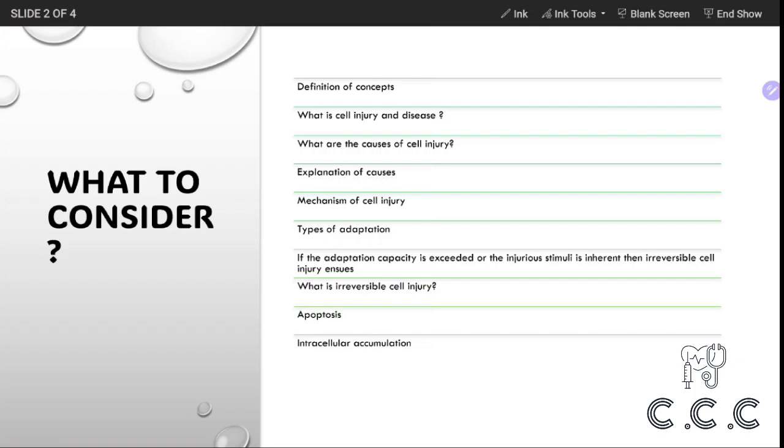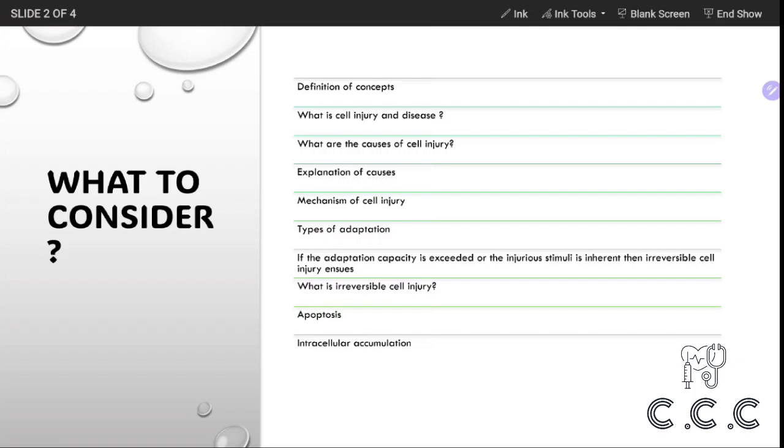We're also going to look at the mechanism of cell injury. So how does it occur? Yes, we know that there are causes, but then how do these factors play a role in the intracellular makeup of a cell to distort its function or its structure?